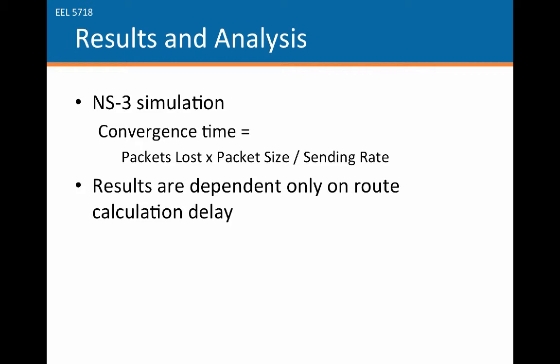So the only thing we can actually say about our project is that yes, it's true that the longer the route calculation delay is, the longer the convergence time is going to be, and we had to assume that the route calculation delay is less on SRP than OSPF, which is what the authors showed when they ran the algorithm on the real switch.